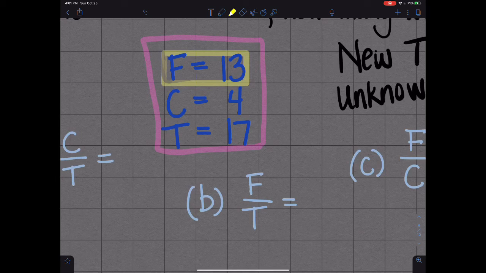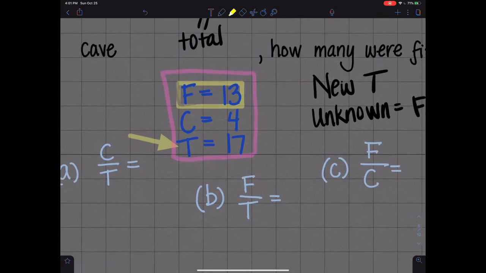So you had to figure out this new total, and that's important because that's the first step, I think, is figure out the first total, okay?